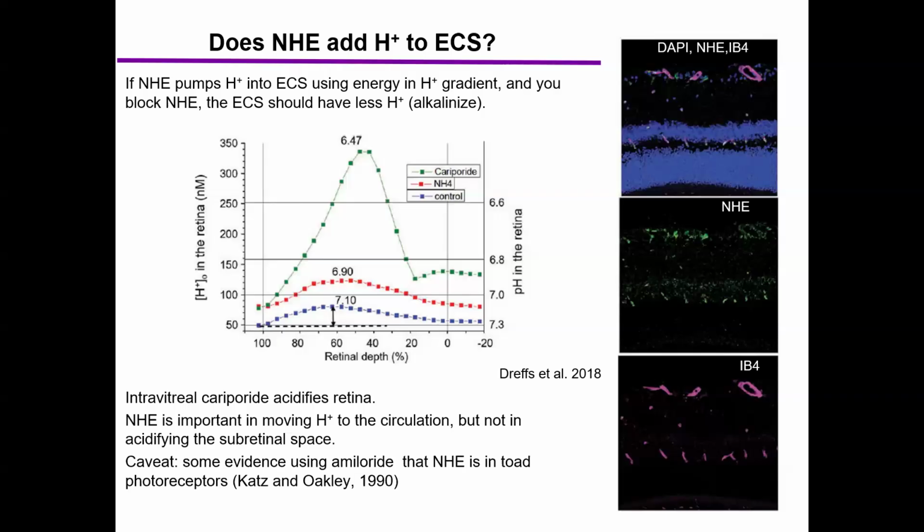Now, there is some evidence that photoreceptors have the sodium hydrogen exchanger. That's from a paper by Katz and Oakley. So it may be there, but it's not as important as the transport into the circulation, at least as far as extracellular hydrogen is concerned.